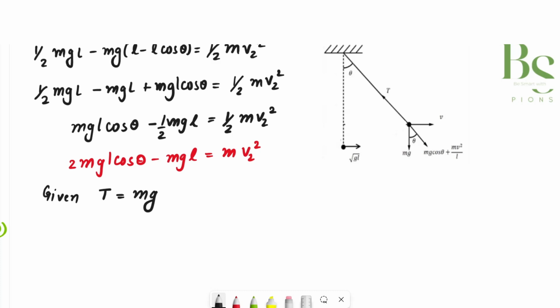So let's substitute. Let's divide the whole equation with L first. So tension T is equal to mg. Let's first divide the whole equation with L, the red one. So this will take mg, tension is here mg, this T is equal to mg.